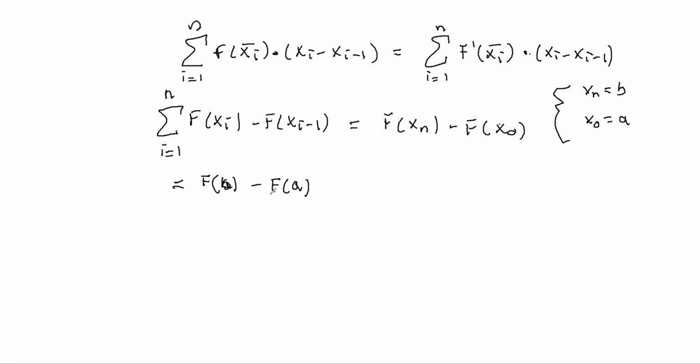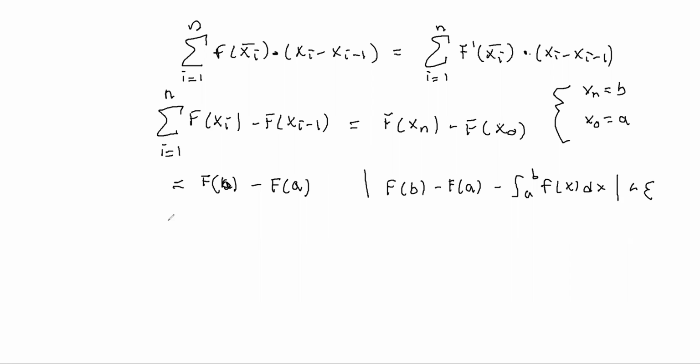So that implies that F of b minus F of a minus our integral is less than epsilon, right? We just rewrite that because our original condition of Riemann integrability is equivalent.